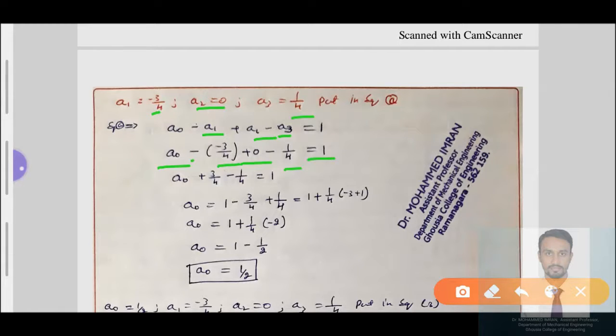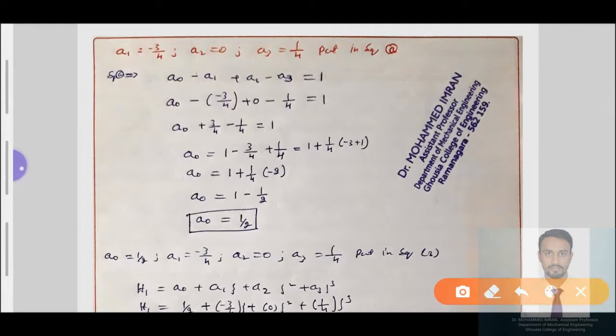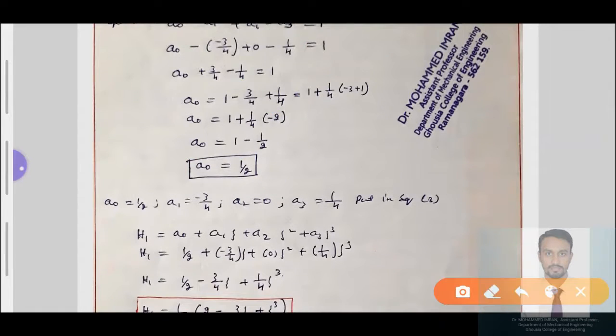So a0 equals 1 minus 3 by 4 plus 1 by 4. This total value equals 1 by 2. a0 equals 1 by 2 we have found. You calculate it, you will get 1 by 2.